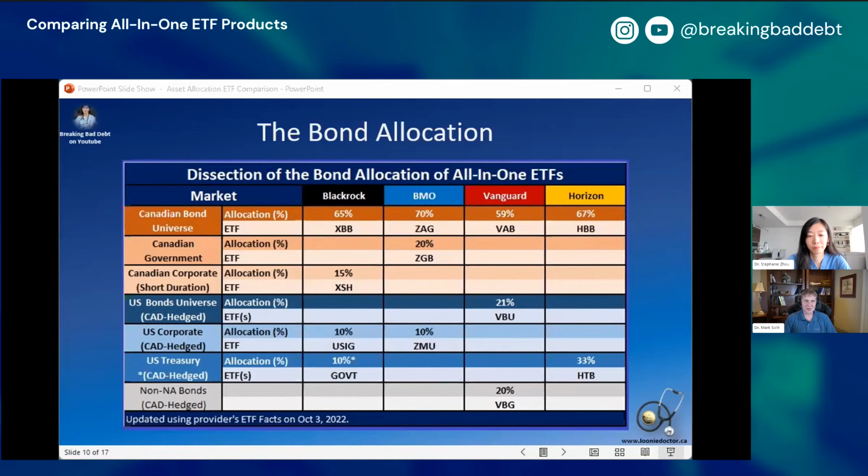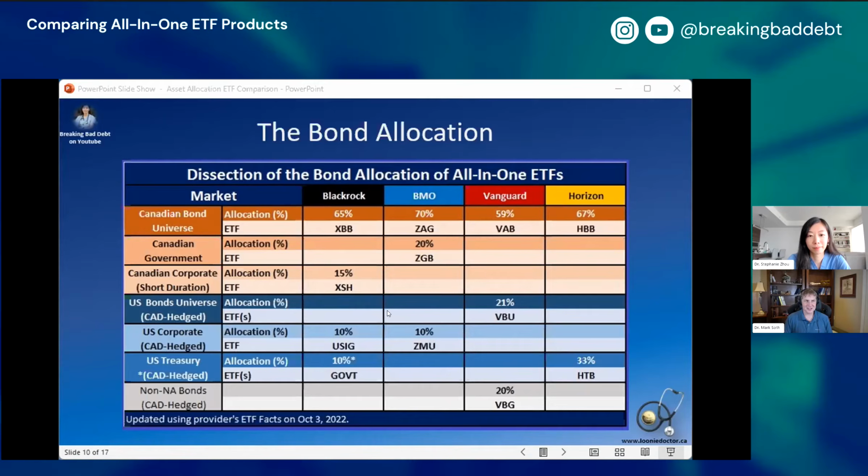The BlackRock and the BMO versions do hold some corporate bonds. BlackRock has some short duration corporate bonds, and short duration is less risky. They also have some US corporate bonds as well, mixed in with the government bonds.